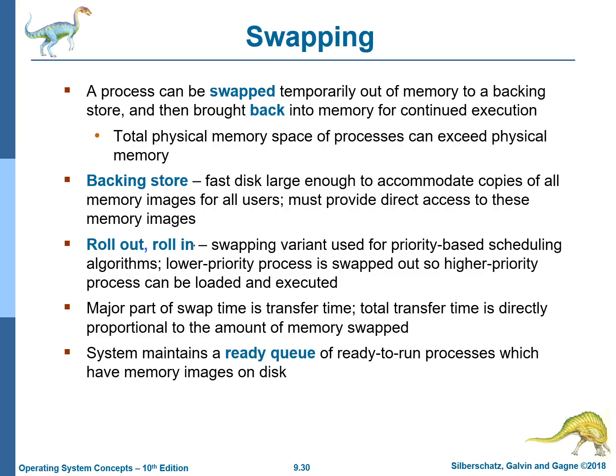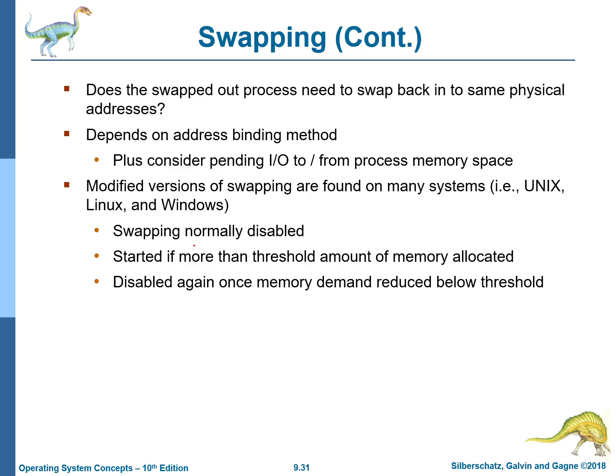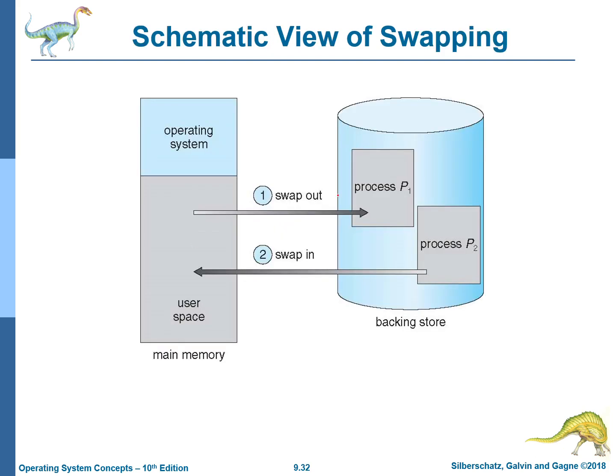And lastly, we have swapping. Swapping is also another approach. Here, from the backing store, I will show you with an example. For example, P1 is already running here, and at some unit of time, this P1 has a priority of maybe 5, right?